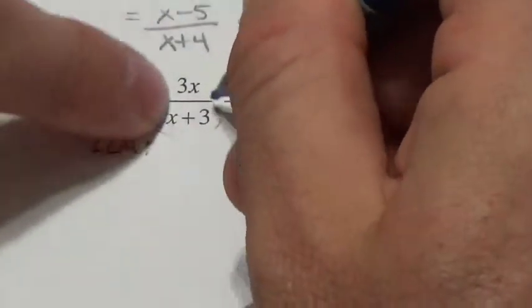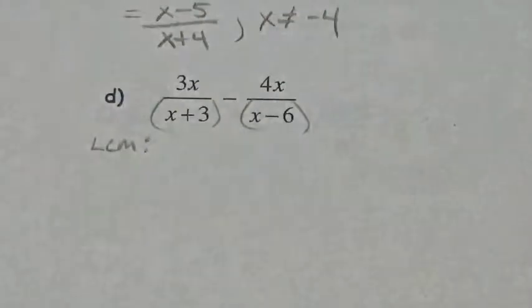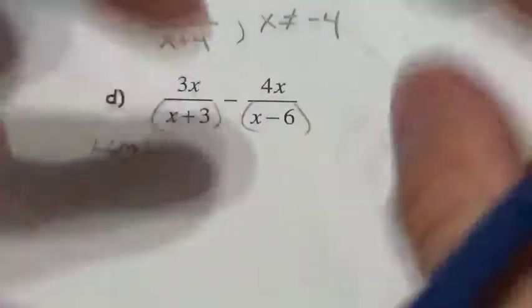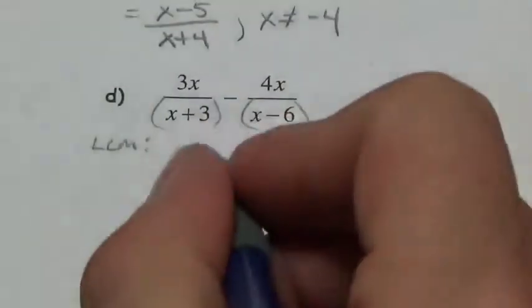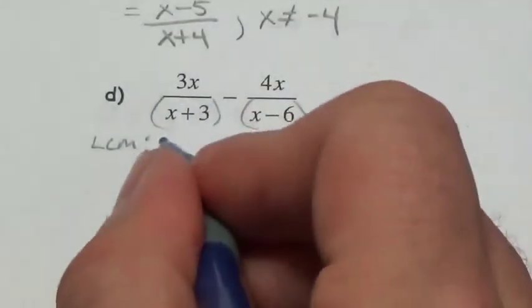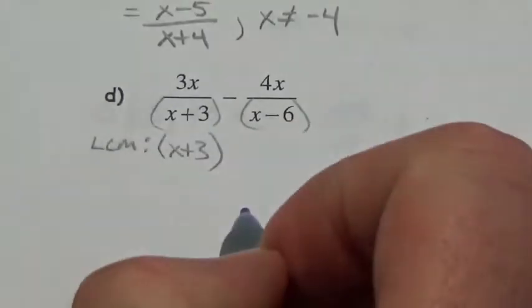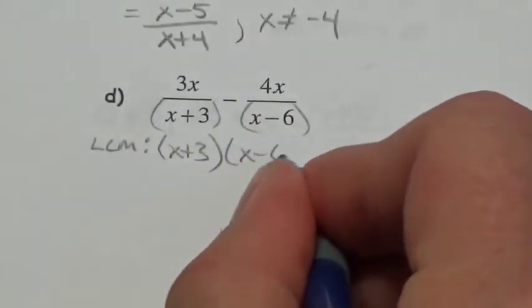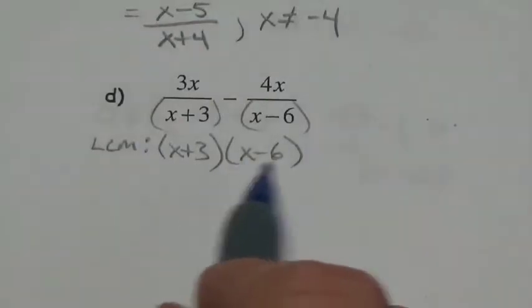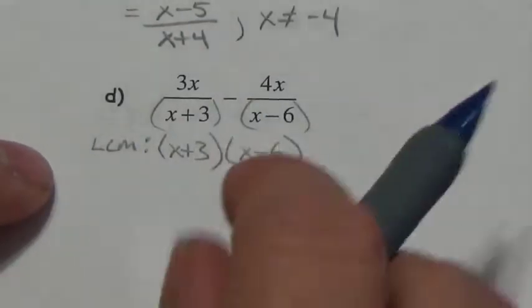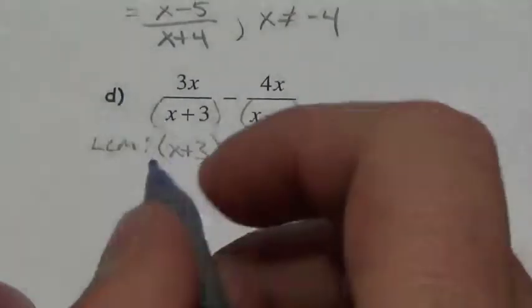That means this whole thing, that binomial, is a factor of the denominator. This binomial is a factor of the denominator. So my least common multiple here has got to have x plus 3 as a factor, because it's a factor here. It's also got to have x minus 6 as a factor, because it's a factor in that second term. So my least common multiple is going to be the product of those two.